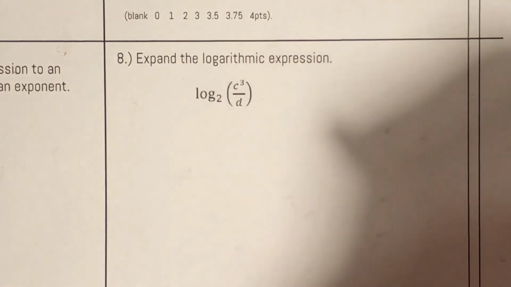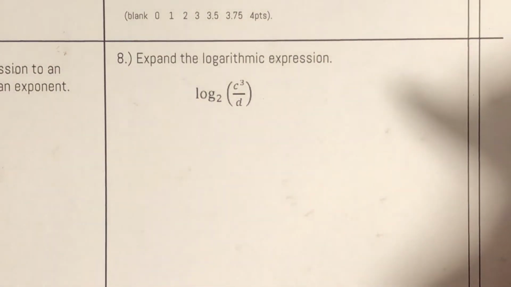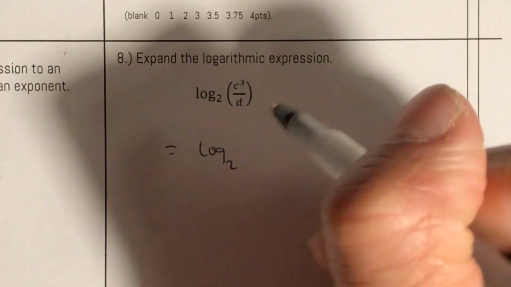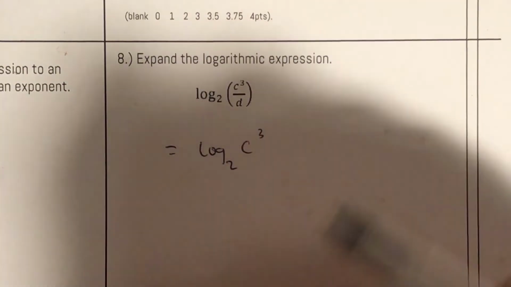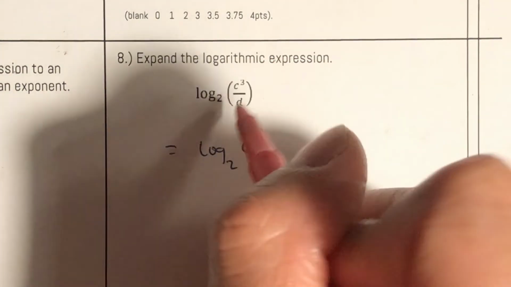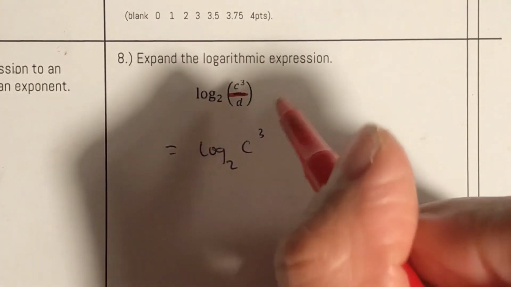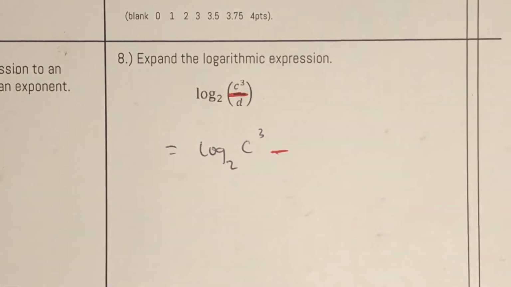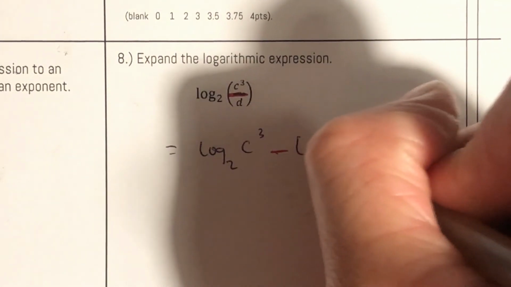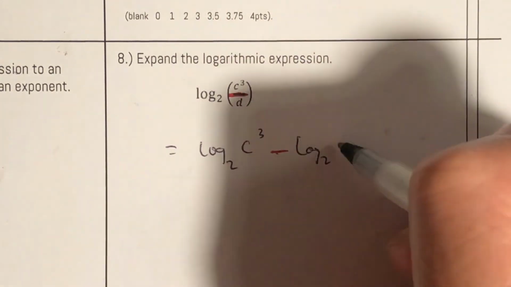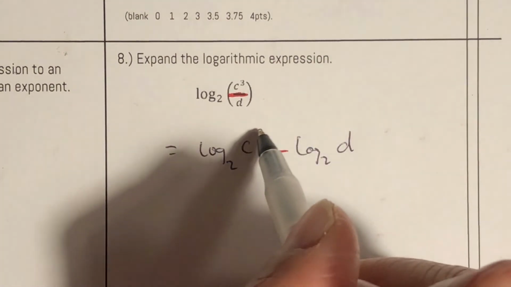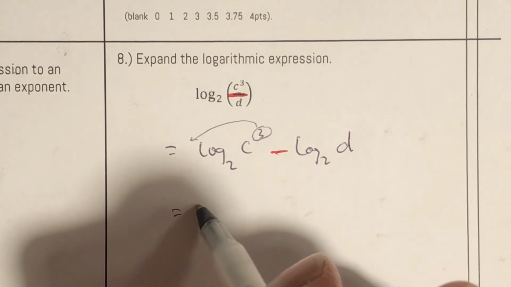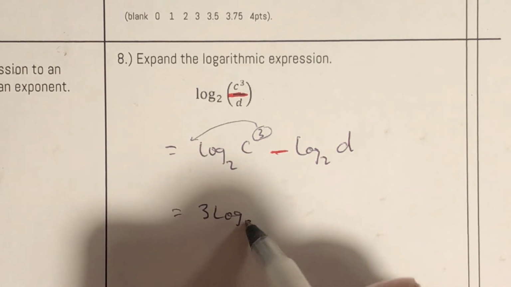Last question, expand the logarithm expression. So log base 2 of c to the 3rd power, just like you did in the last problem, that division now becomes subtraction. Log base 2 and then the d value. And then your power becomes a coefficient.